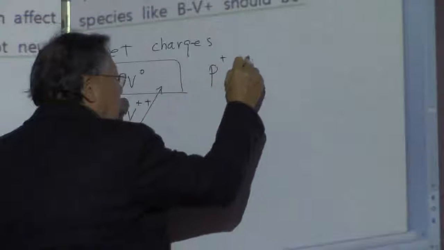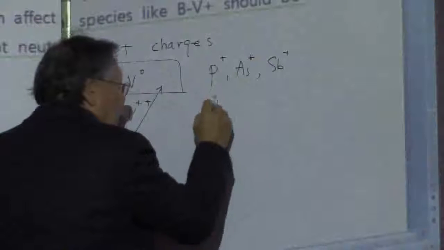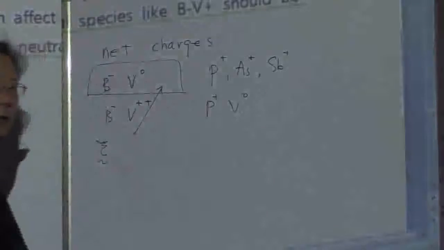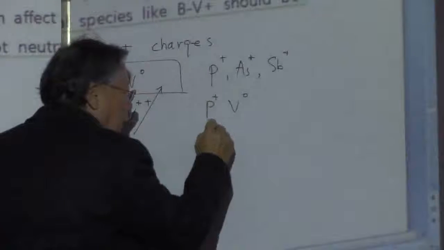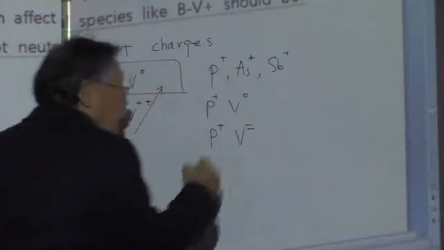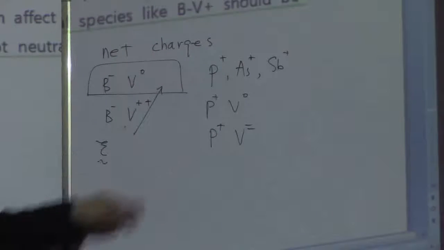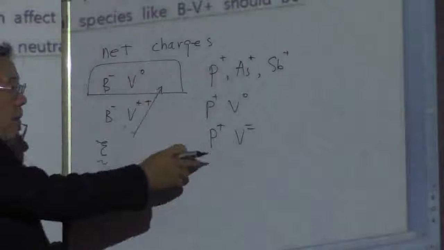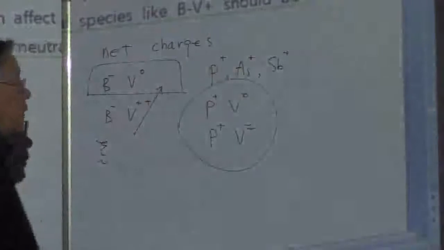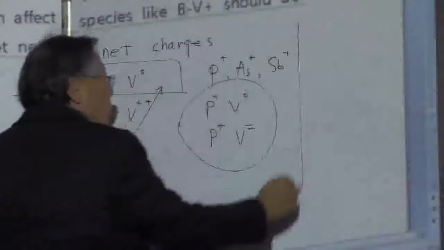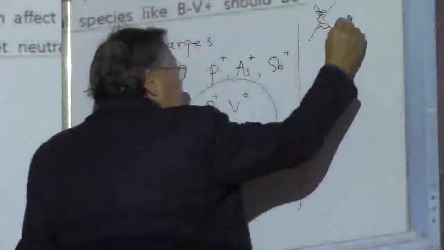How about the phosphorus and arsenic and antimony case? Maybe this coupling also has positive charges, net positive charges, and we have the doubly negatively charged one. We have net charges here, and this is important in the case of phosphorus. The electric field is not important in the neutral case.